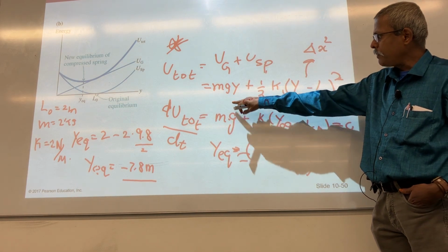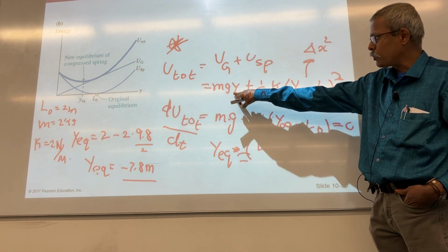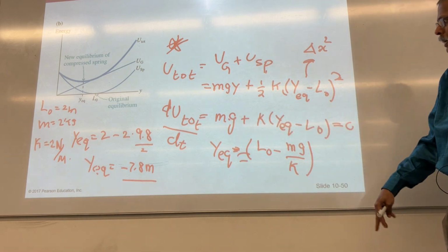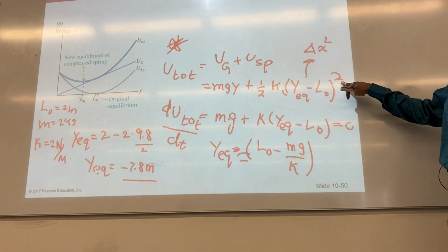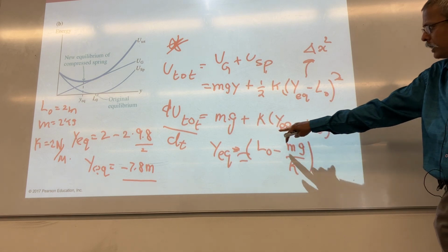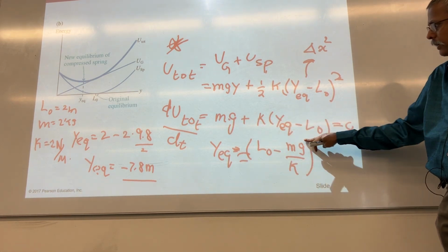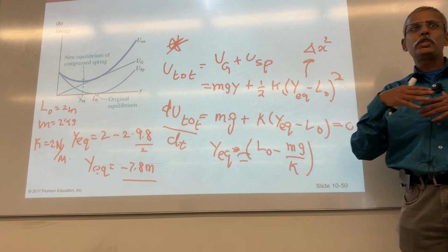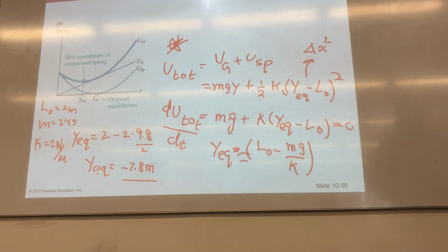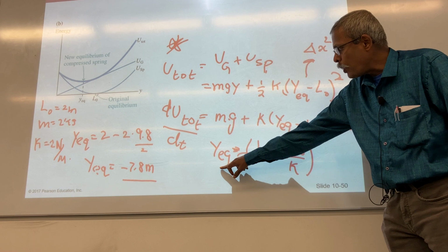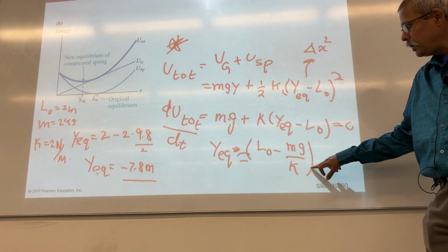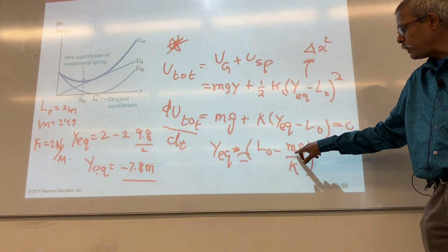I take mg, and the other term is squared, so you differentiate this term, and again you get k times the entire thing. This is how to get a linear equation. Maybe this is a one-day problem; you need a derivative of the particular function to get a linear equation. So that ends up with my y eq equal to L sub 0 minus mg over k.